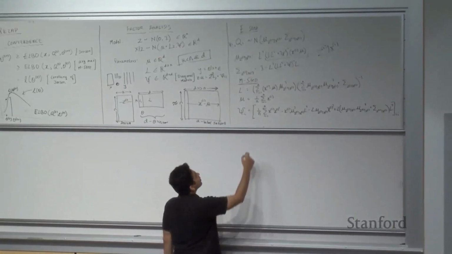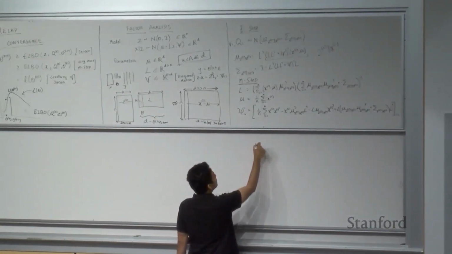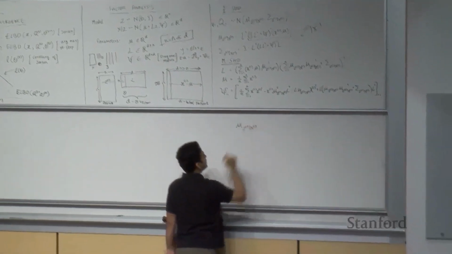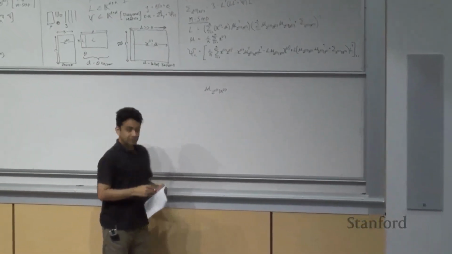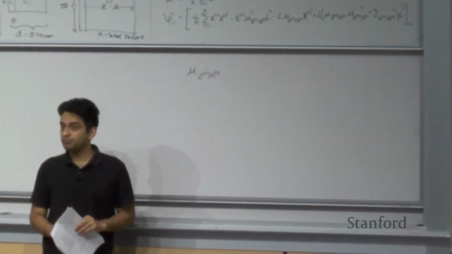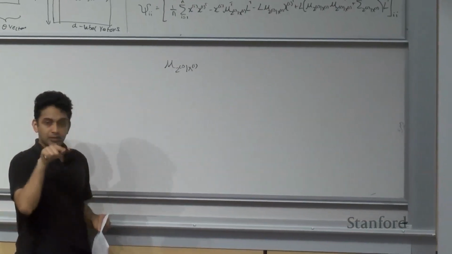So mu of z_i given x_i is the mean of the posterior distribution that we obtain in the E step, right? It's a Gaussian that is concentrated at mu.